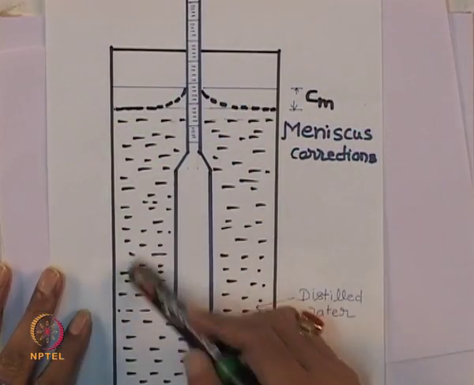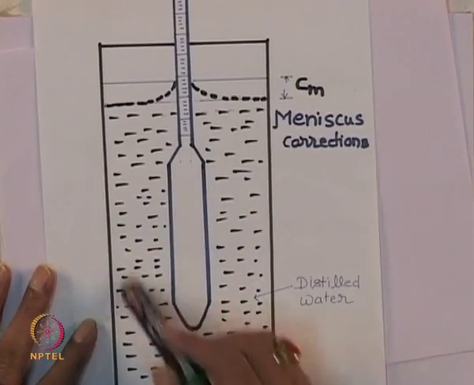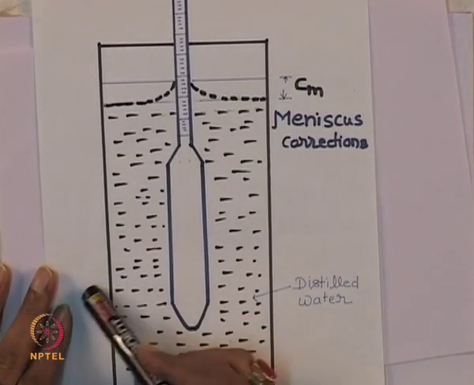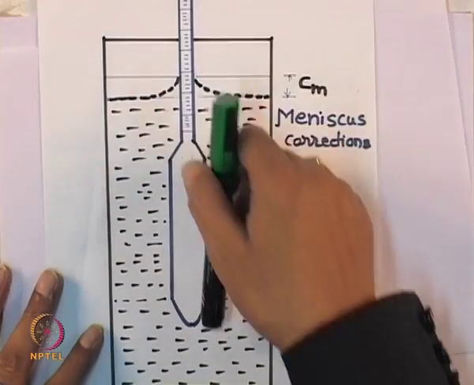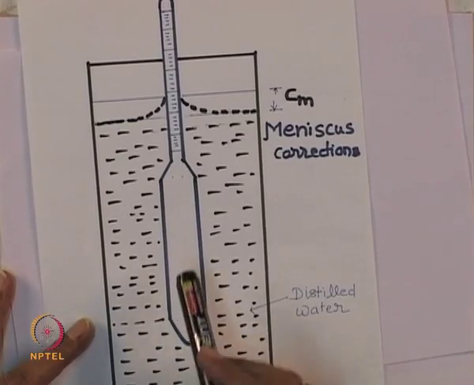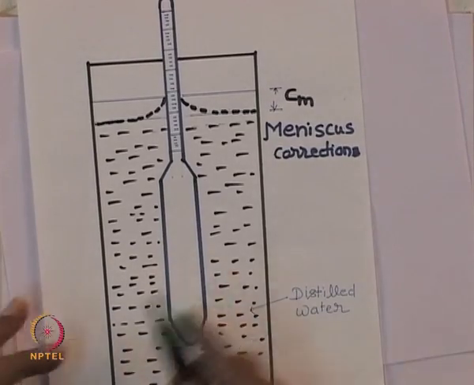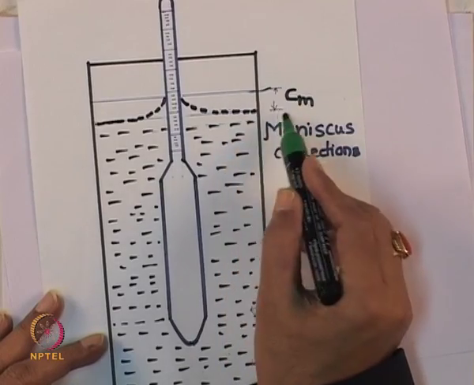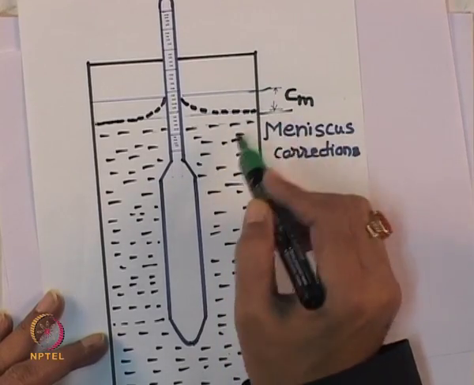Now, how to calculate the meniscus correction? Here I am showing the hydrometer, the distilled water, and the cylinder. You insert the hydrometer into the distilled water, and you can see some meniscus correction.